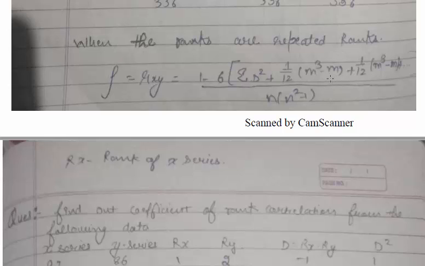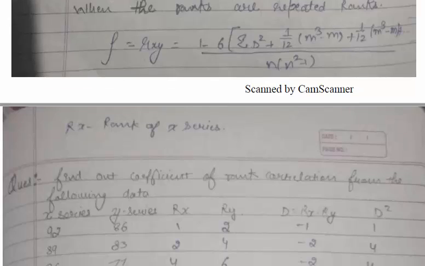Let us suppose in a series rank 2 appears 3 times, then the value of m is 3. And in the second series the rank 5 is repeated 2 times, then the next value of m is 2. So m is how many times a particular rank is repeated.